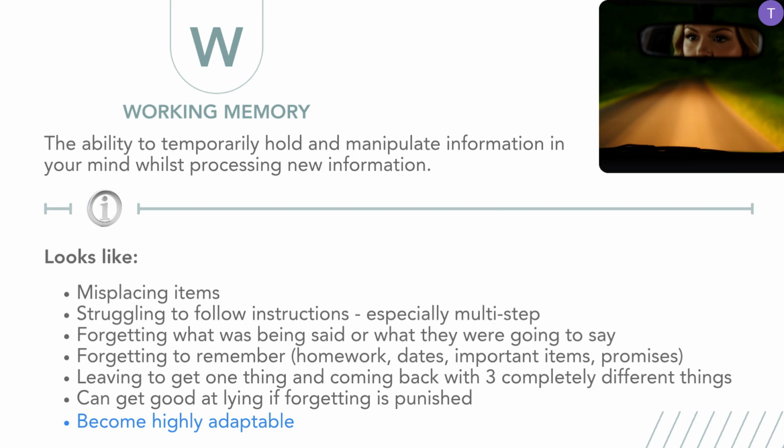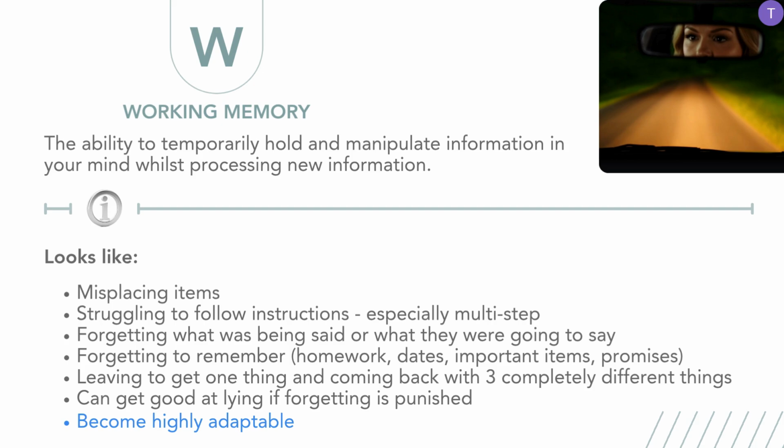It can also look like leaving to get one thing, coming back with three completely different things, coming back with nothing. And these kids can frequently get pretty good at lying, particularly if forgetting and those kind of working memory lapses are punished or seen as a negative thing. They frequently come up with very creative answers as to why they were not able to do that particular task.